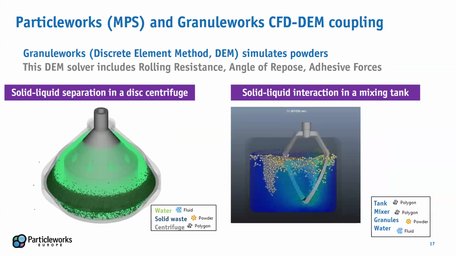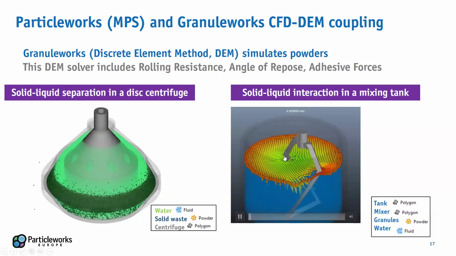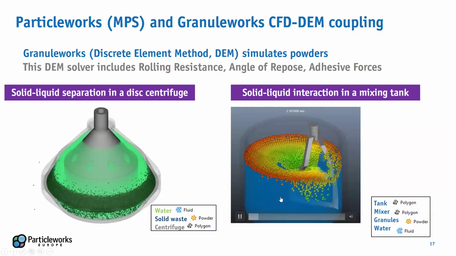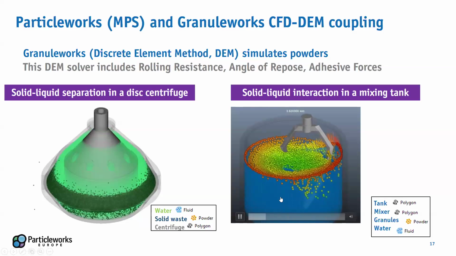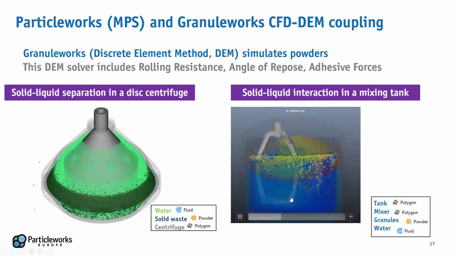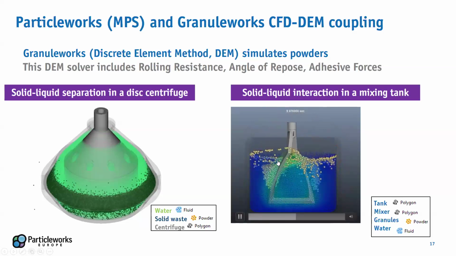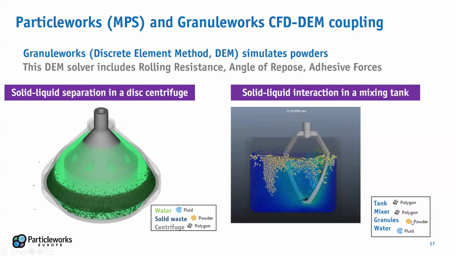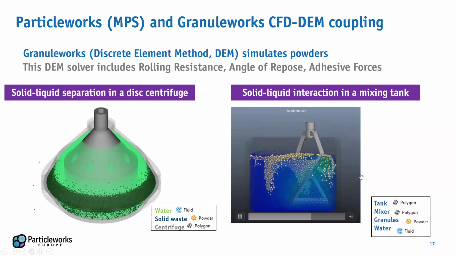On the right, we have a mixer with powders on top and a very viscous fluid on the bottom. The fluid is modeled with Particleworks, and the powder distribution with Granuleworks.